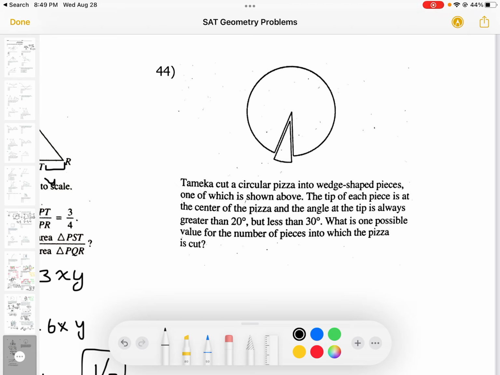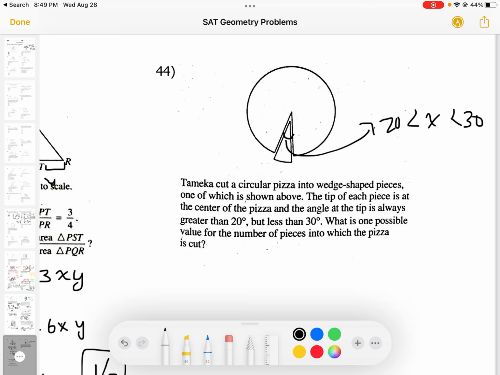So we know that the angle of this wedge, so this angle, I'm going to call it x, is between 20 and 30. And this angle x, well, it doesn't have to evenly divide 360 because that's not specified in the problem.